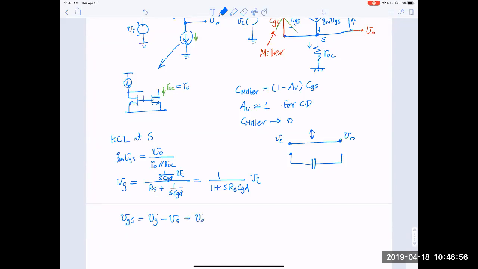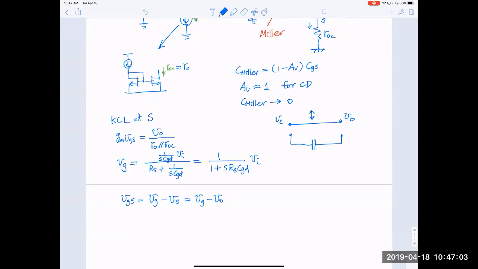So VG minus VO. We should substitute this back in here. So gm times VG minus VO is equal to VO times RO in parallel with ROC.